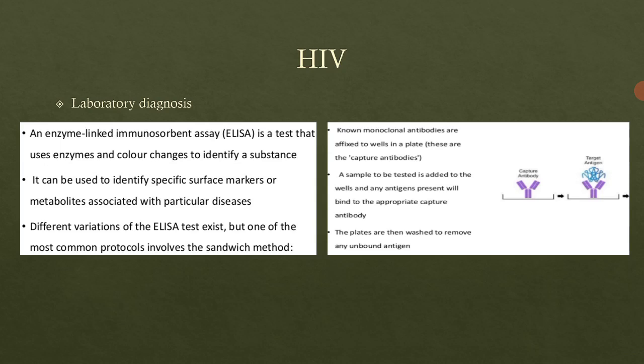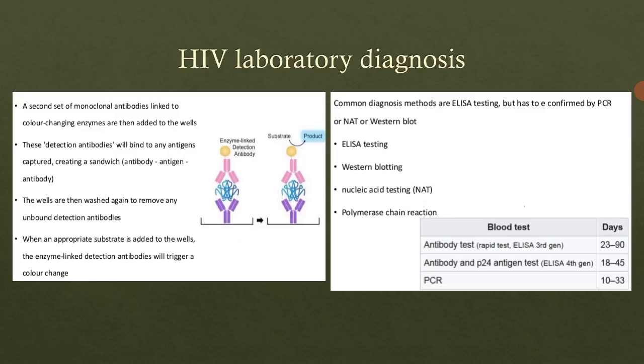Now the plates are washed. Why are the plates washed? To remove any unbound antigen. The unwanted antigen is removed with the washing step. Now we have the antigen antibody complex.